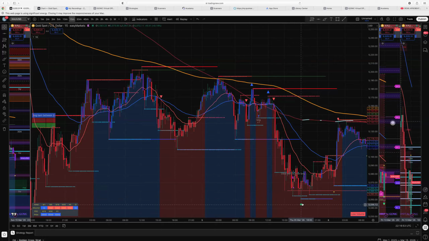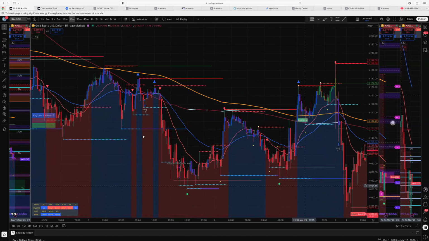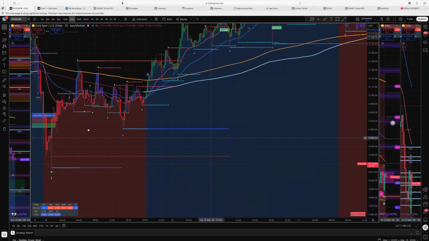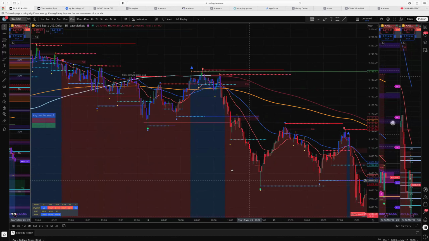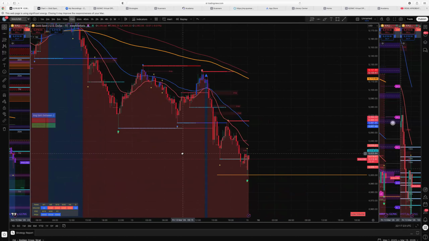So never, ever, ever get into a buy when we are underneath this. Please, I beg you. We need to be trampling over the top of it, literally stamping on it.